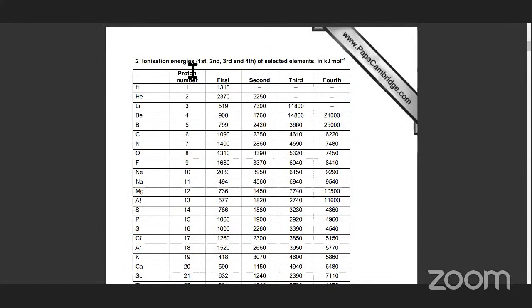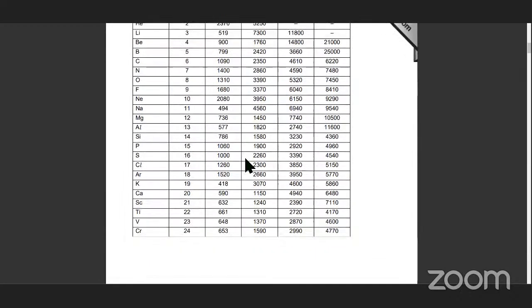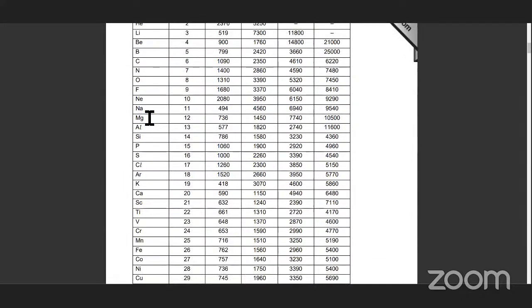Remember, the first number is the proton number. Read the column first very carefully. Don't make silly mistakes. The reason I'm telling you this is because it happens very often. A lot of people just take 11 and 494. It's 494 and 4560, but we're looking at the first one, which is 494.